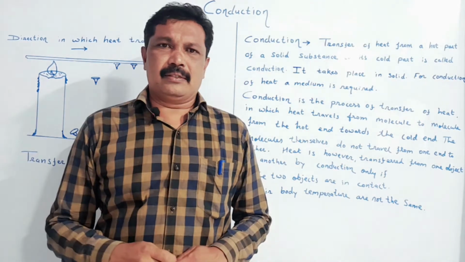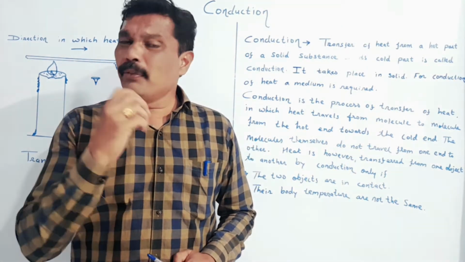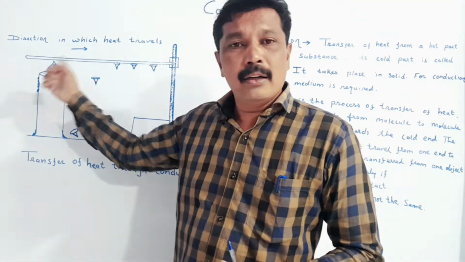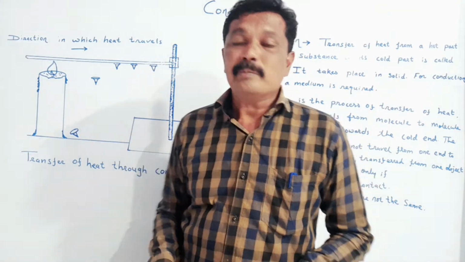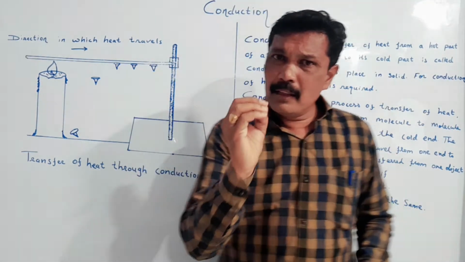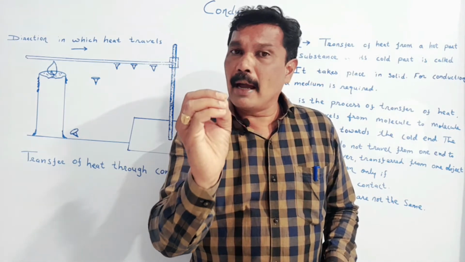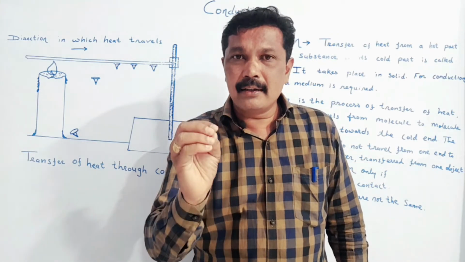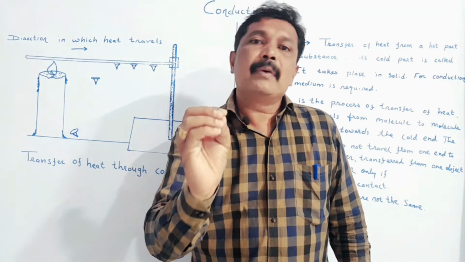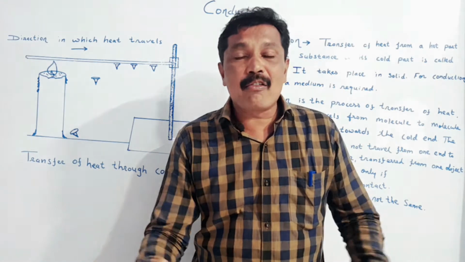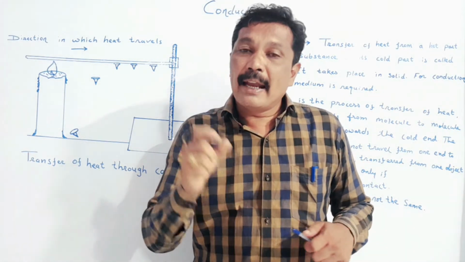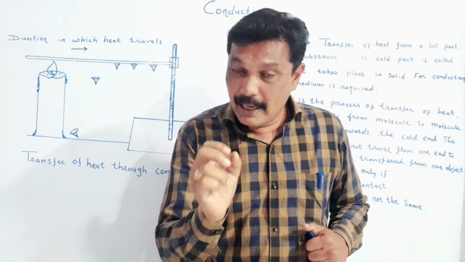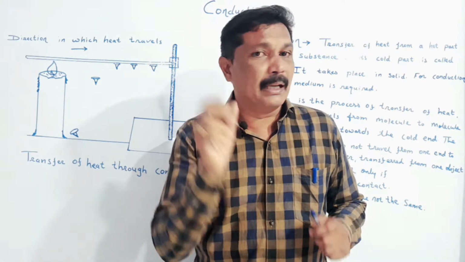We have studied this. My dear student, we will try to find out what was the reason for the flow of heat from the hot end to the cold end. My dear student, when the iron rod was heated, the molecules present at the end which was heated acquired the heat energy, and started vibrating in their place.